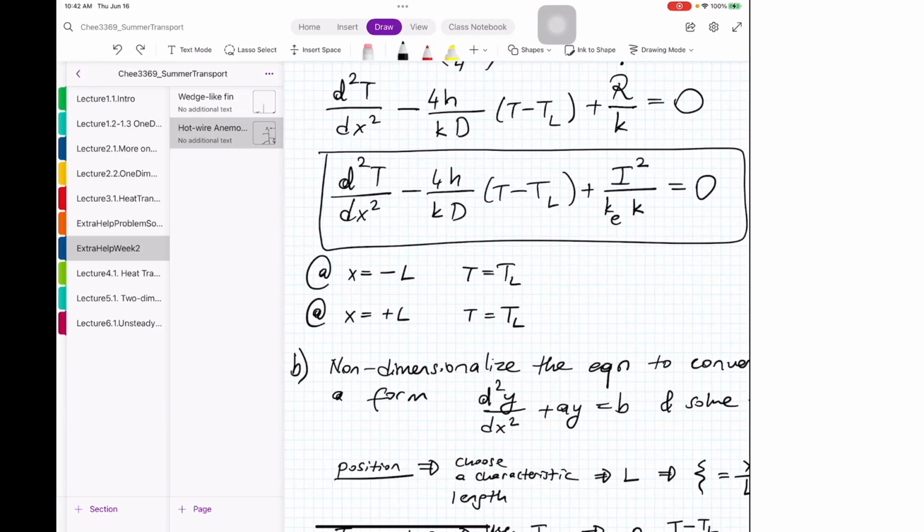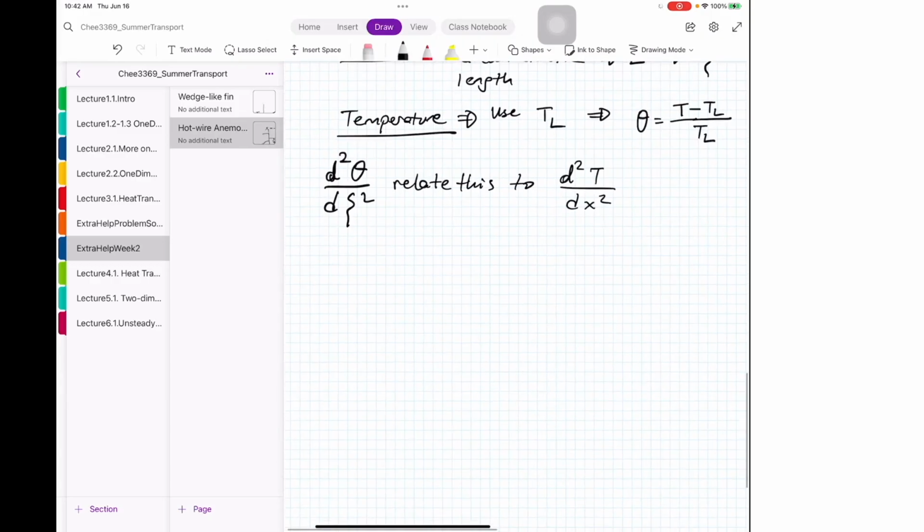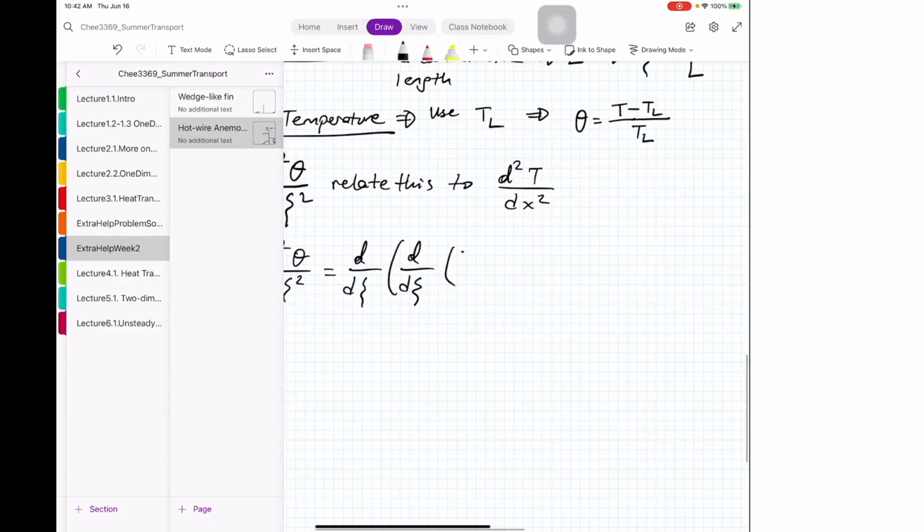So what we're going to do is write down d squared theta over d psi squared instead of d squared T over dx squared, and relate this to d squared T over dx squared. And here's how we can do it. d squared theta over d psi squared is equal to d over d psi, d over d psi, and instead of theta, we're going to write T minus TL divided by TL.